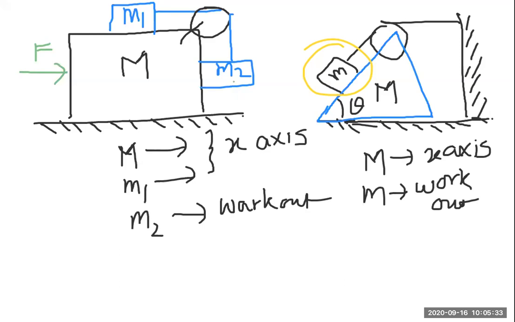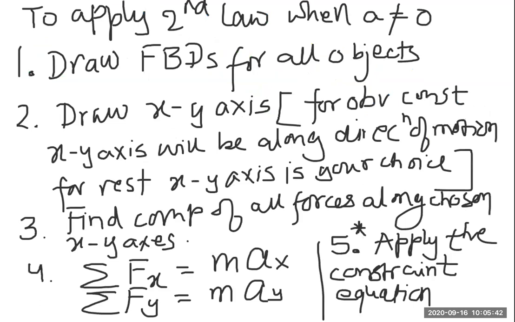So for this m2 and for this m, you will have to write both the equations. Both equations will come. In the other problems, one equation becomes 0. Right? So I'll show you how to do that.